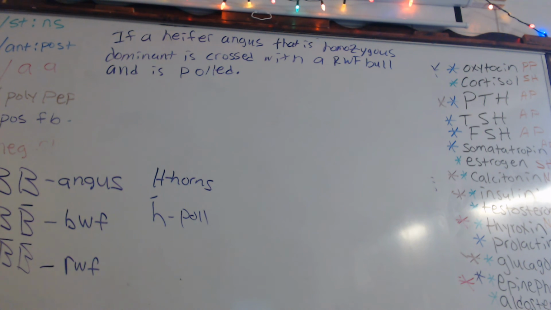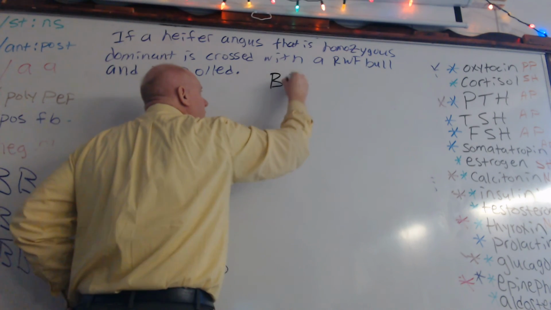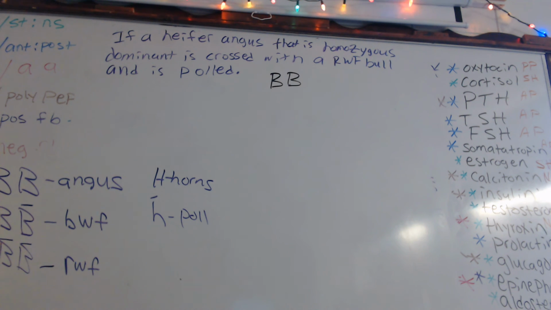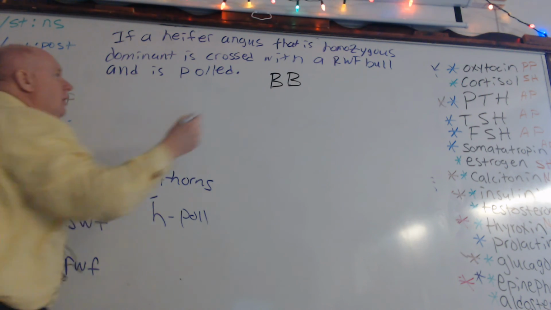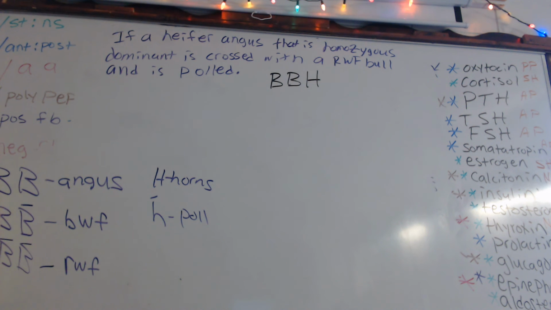So what are our 2 letters for the Angus? 2 capital B's. Okay. Then what about, it's got horns, so we know there's at least one of these. But what's the other H?